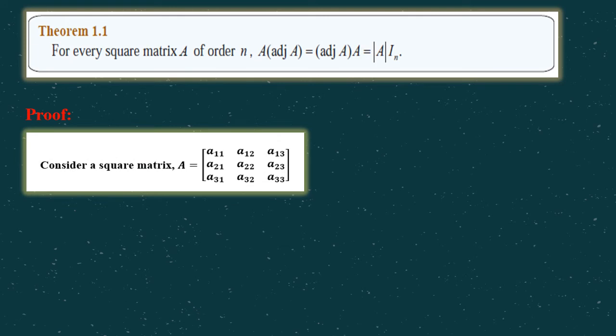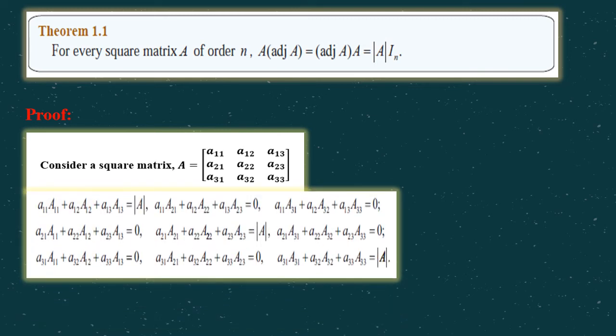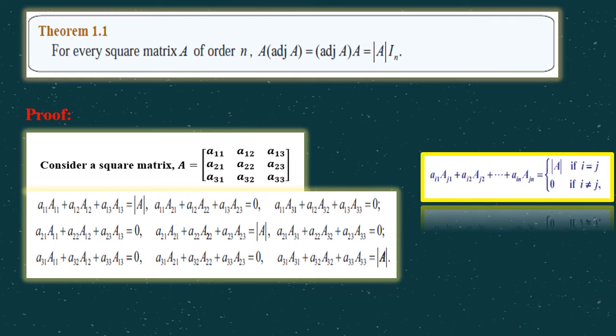Now consider some simple 3 by 3 square matrix capital A. By the property we have already seen, when i equals j the value is determinant A, and when it is not equal, it is 0. Keeping this property in mind, we get all these values.